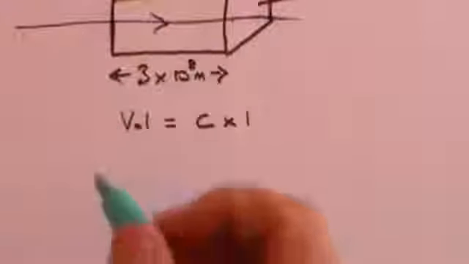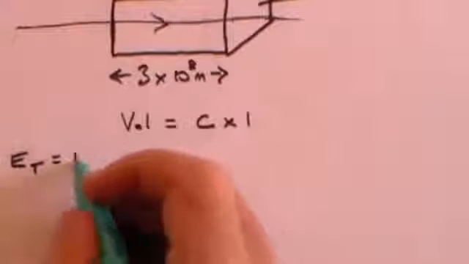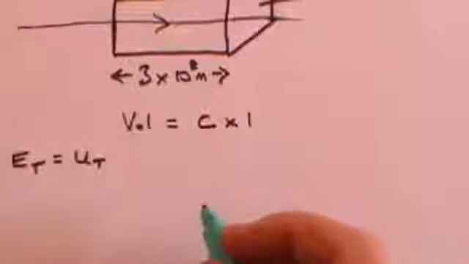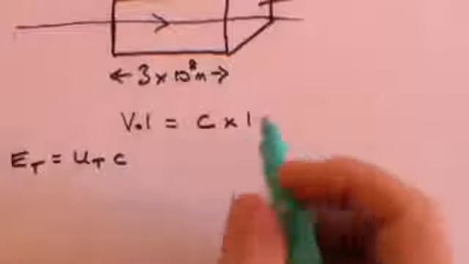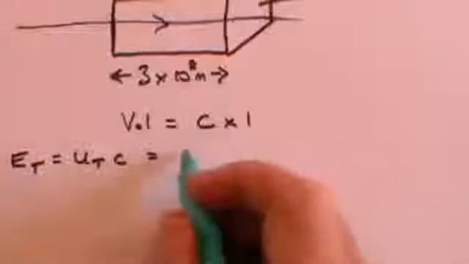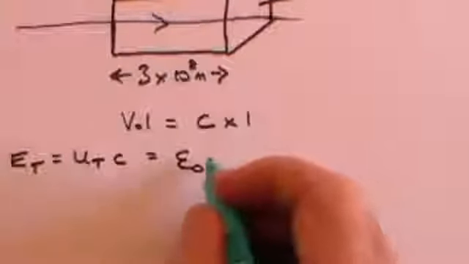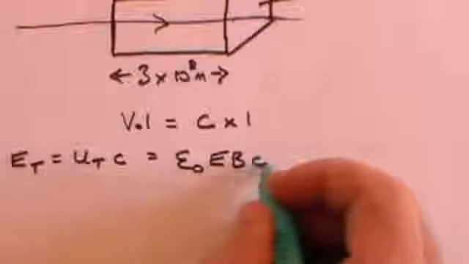So the total energy in the box is going to be the energy per unit volume multiplied by the volume, which we just established was C. Well, from the formula we just derived, the total energy per unit volume is epsilon naught EBC.